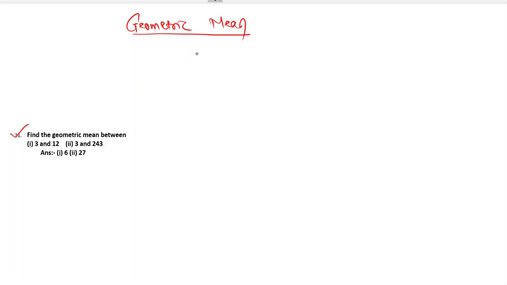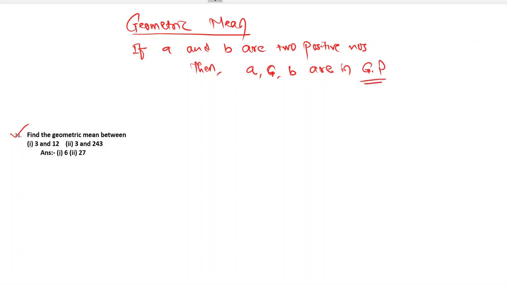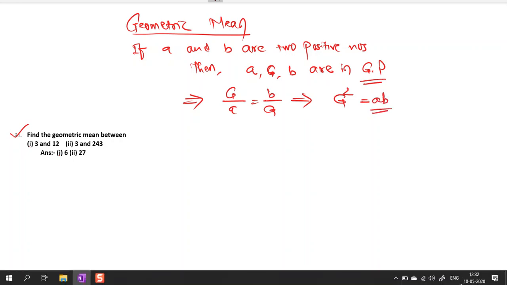Geometric mean. If A and B are two positive numbers, then A, comma G, comma B are in GP, which implies that G by A is equal to B by G. That means the common ratio is equal, which implies that G square is equal to AB, right?